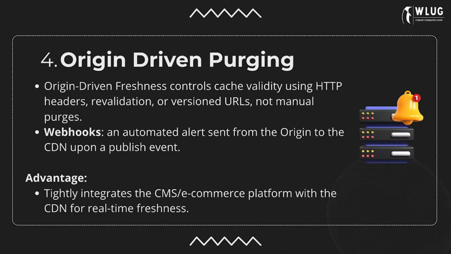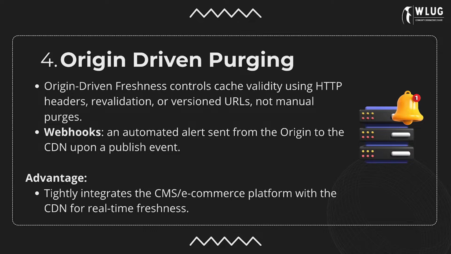And for the last, that is origin-driven purging, suppose there is a major sale on the website that ends exactly at midnight, and there is the inventory system that handles the number of products on the website and the number of orders coming in.